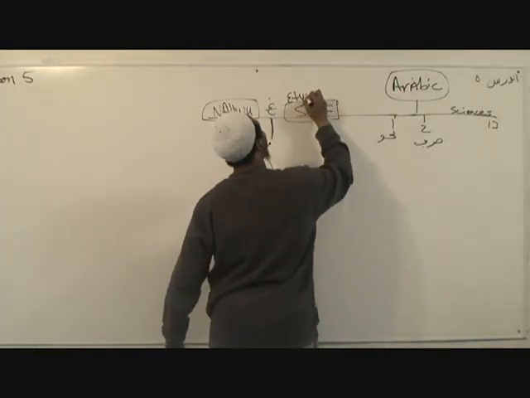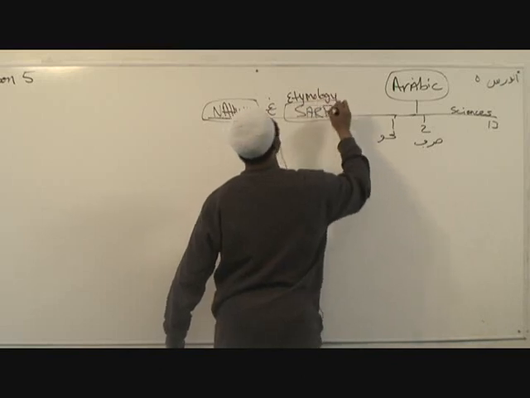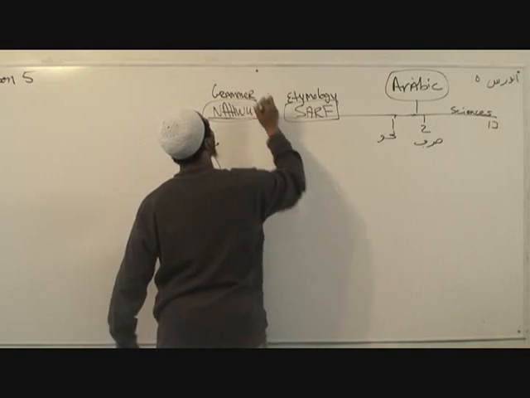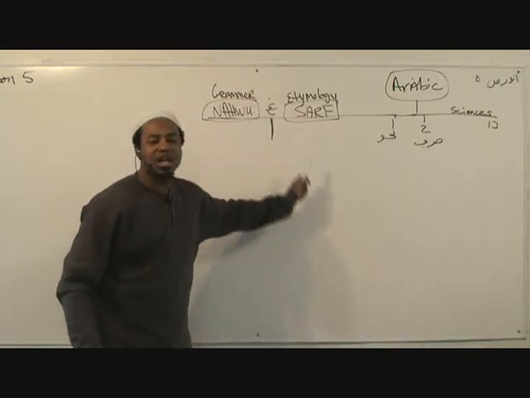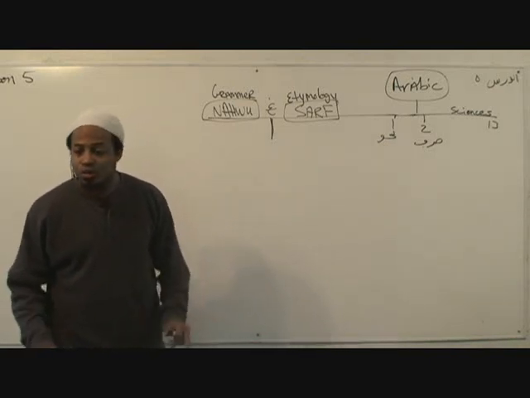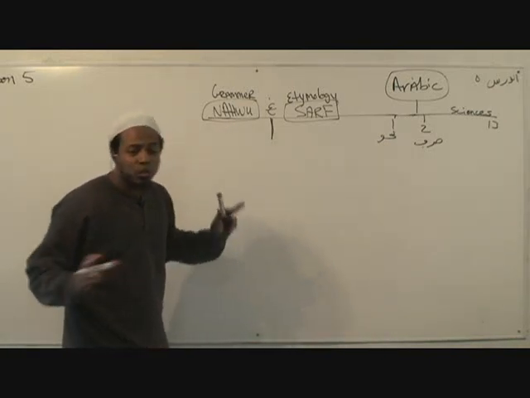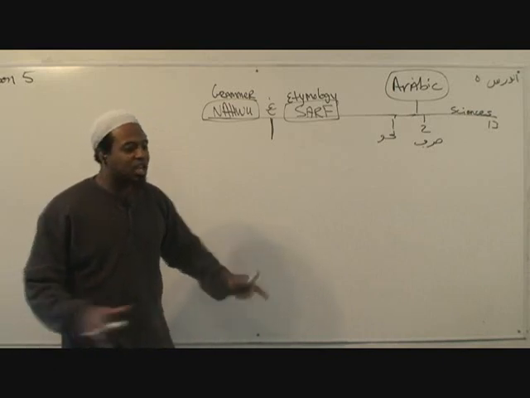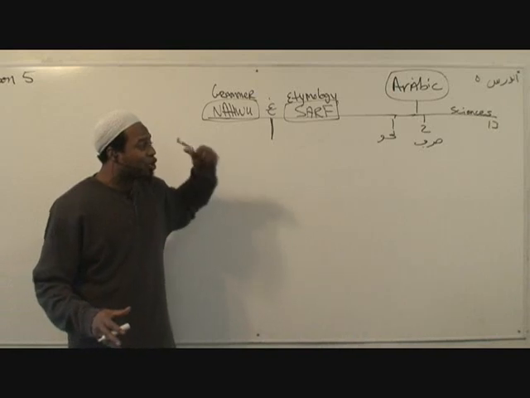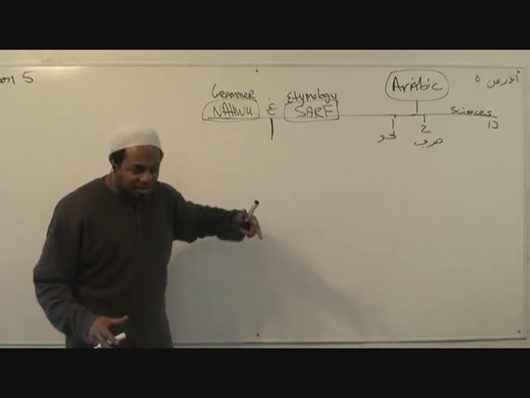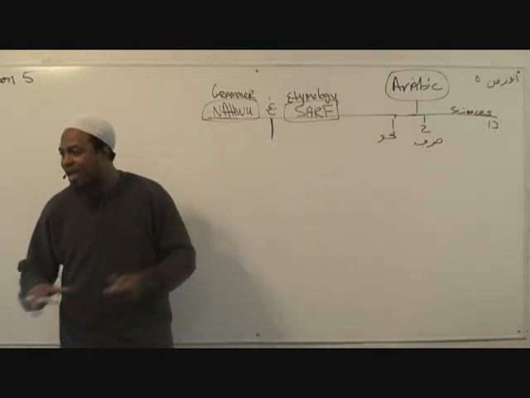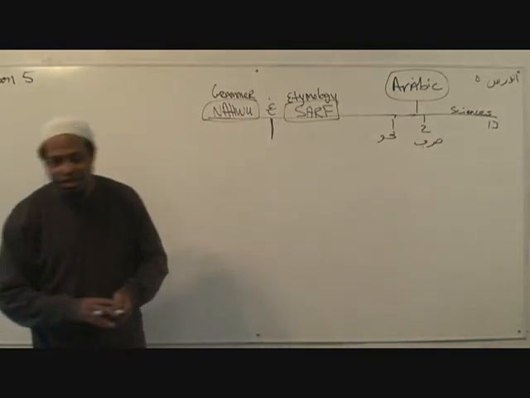From this right here, I give you etymology. What is etymology? Etymology is the study of a word before it's entered into a sentence. And grammar is the study of the sentence, but more specifically, the words in the sentence, the changes those words have, what those words mean after being entered into a sentence.